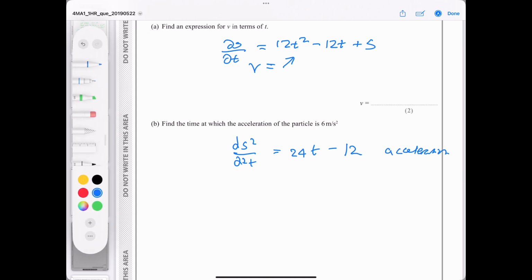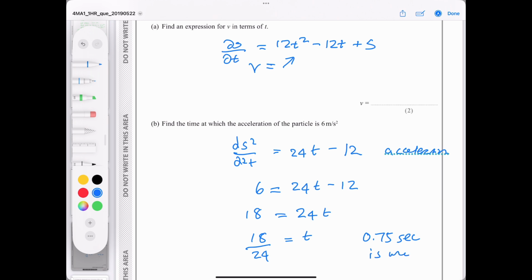I really am very good at spelling, but not today. So 6 equals 24t minus 12. Add 12 onto both sides: 18 equals 24t, so t equals 18 over 24. So the time would be 0.75 seconds when the acceleration is 6 meters per second squared.